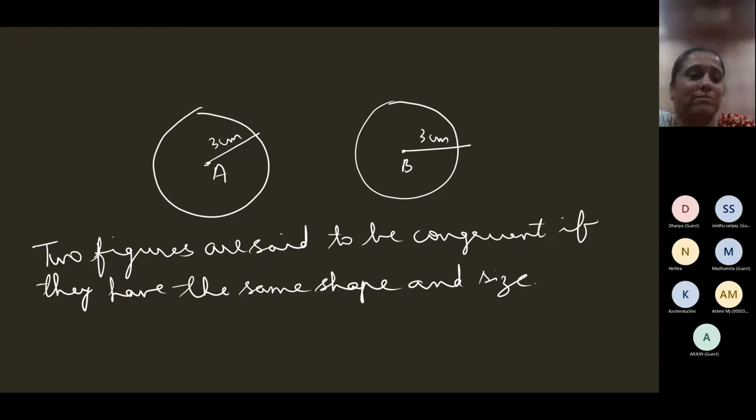So if you pick two shirts of the same brand, of the same size, they're identical. When you hold the shirts up with the shoulders, you will see that all the parts of the shirt, the sleeves and so on, will coincide.